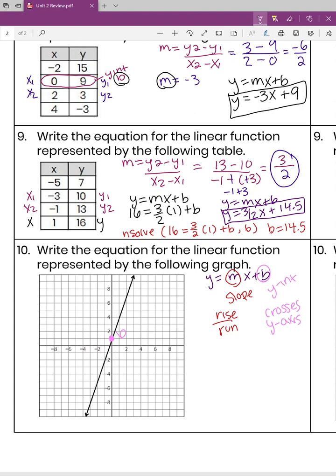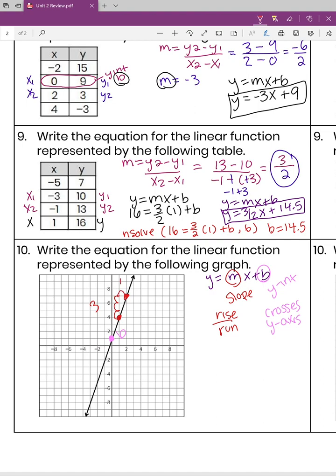And then to find our slope, we need to find 2 points that are on perfect corners. So I think I see a point right here. That's a perfect corner. And then right here, that's a perfect corner. So if I'm using these 2 points, I'm first going to do rise over run. So how far up do I need to go? So I need to go 1, 2, 3. So I'm going 3 up. And then how far to the right do I need to go? 1.